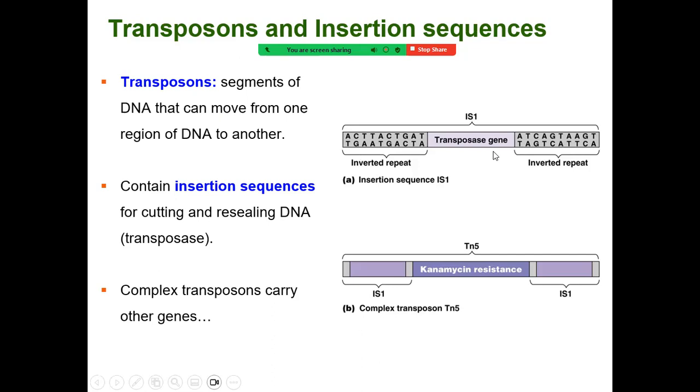Transposase is a gene that codes for an enzyme that actually cuts this piece of DNA out of the segment of DNA it's in, and then it moves to another region of DNA, and the transposase gene cuts that DNA, and then the inverted repeats help it fuse to the newly cut DNA.